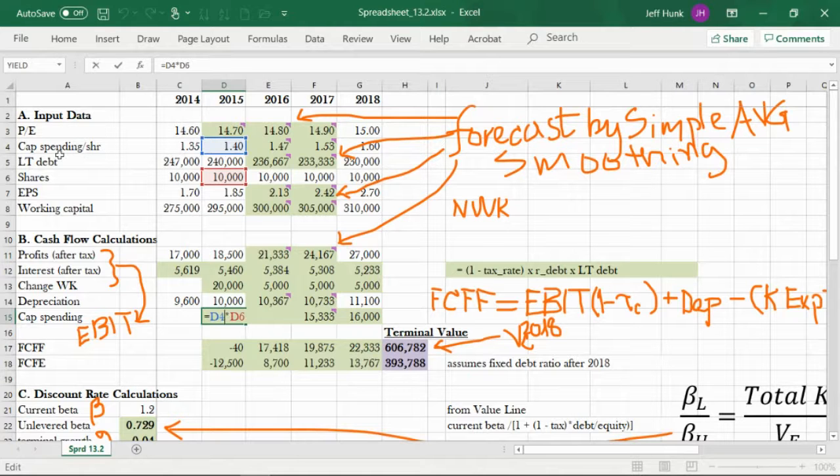Total capital spending, in other words, because we have capital spending per share. Capital spending means capital expenditure, right? Per share is $1.40, for 10,000 shares, so that times that, right? 14,000, and that times that, right? The same thing, right?